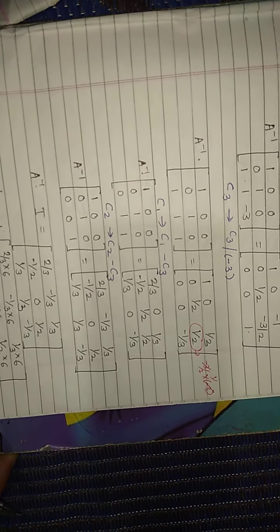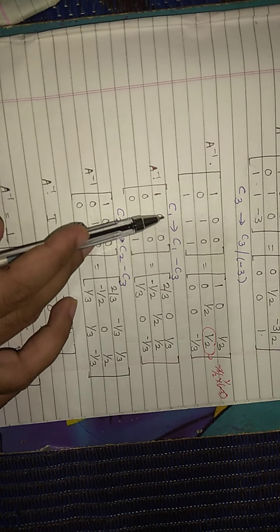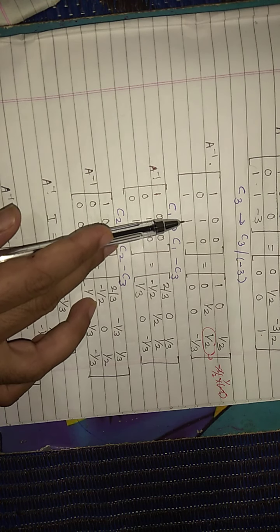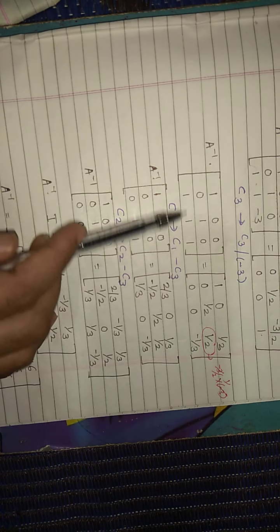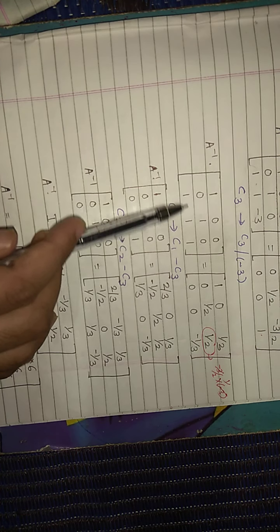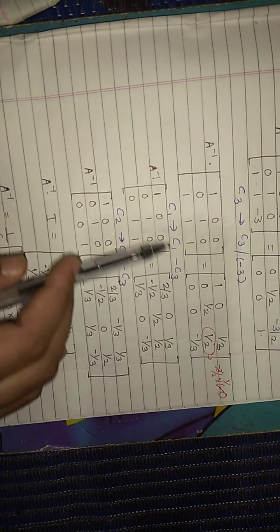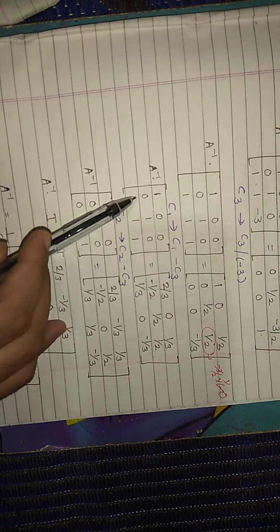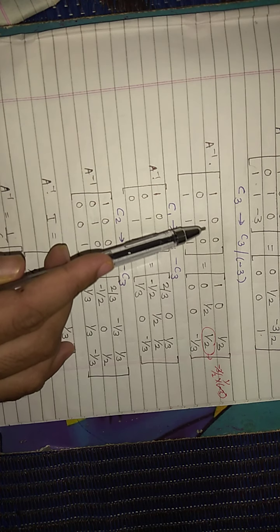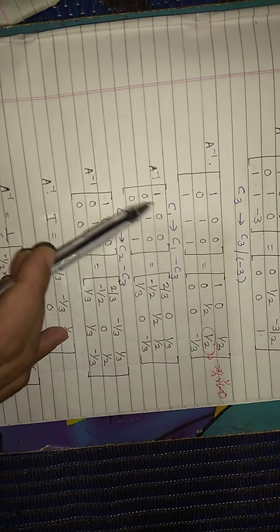Next, C1 tends to C1 minus C3, because we have to convert both these numbers to 0. Both these transformations we can apply in one step also, otherwise you can do it in another line. Now C1 minus C3: 1 minus 1, 0, 0 minus 0, 0, 1 minus 0, 1.